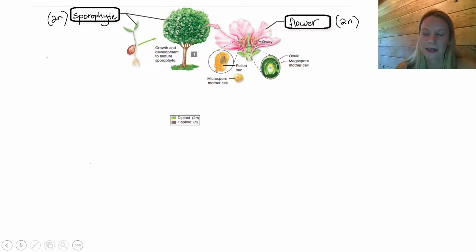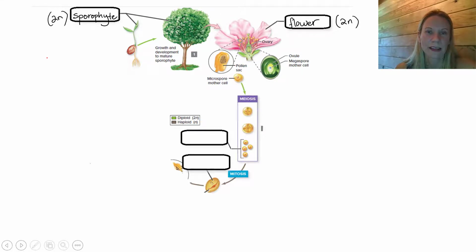Let's start with the production of pollen. So recall that occurs in the structure of the flower we call the stamen, in the anther. So in the anther, we have all of these pollen sacs, and what's happening in there? Meiosis. So we say there is a microspore mother cell in each pollen sac, and it undergoes meiosis to produce microspores.